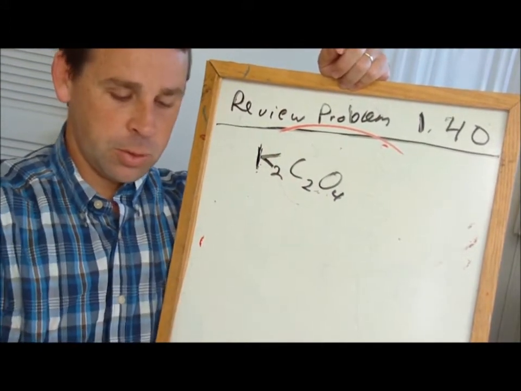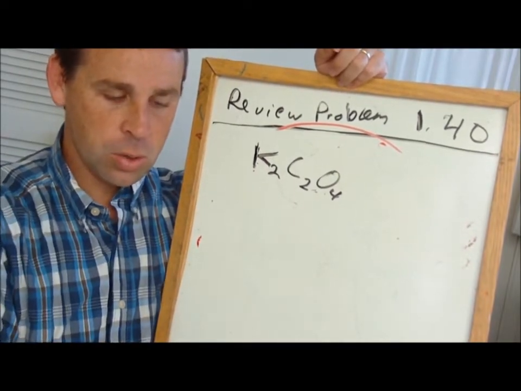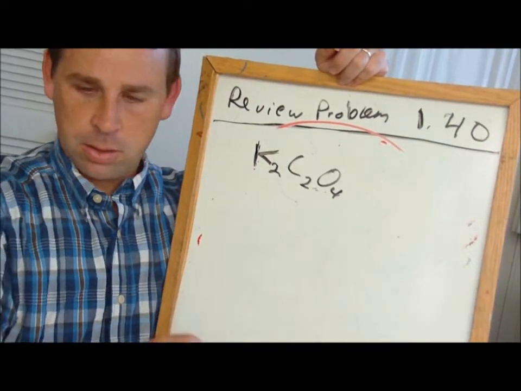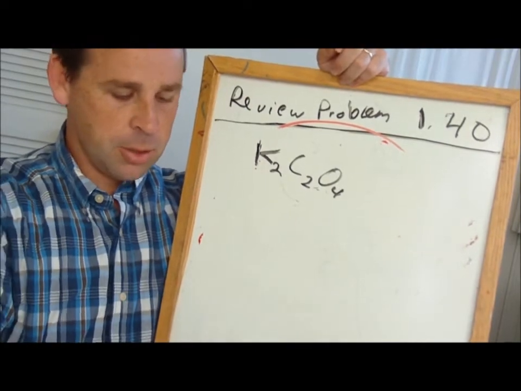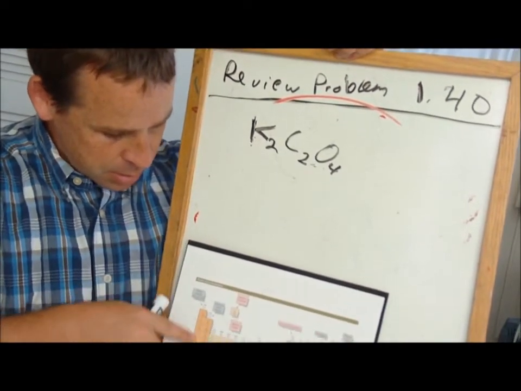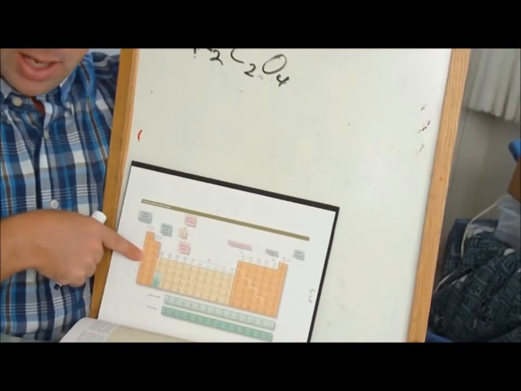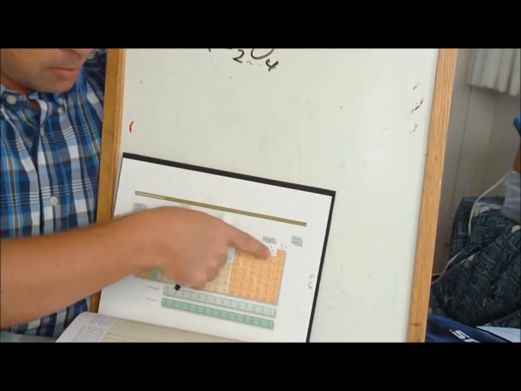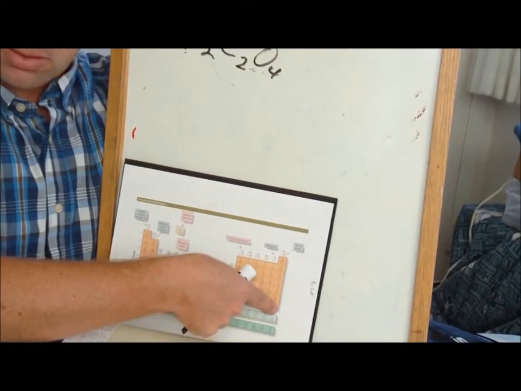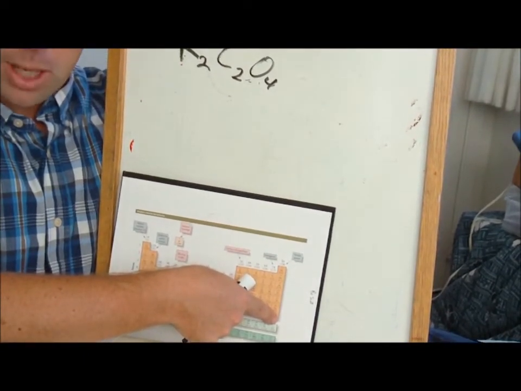Now, we'll do a quick review here on how we know the charge on the potassium ion. Looking at the periodic table here, potassium is in our first column. It's an alkali metal, and if it loses an electron, it will have an electron configuration similar to that of the noble gases.